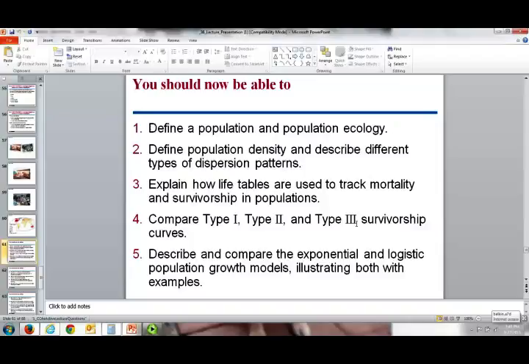So as a result of this lecture, you should be able to define population and population ecology, population density, and describe the different types of dispersion patterns, clumped, random, and unpredictable, how the life tables are used to track mortality, compare the different types of survivorship curves, compare exponential growth and logistic population growth models.